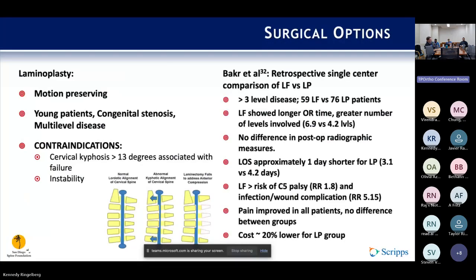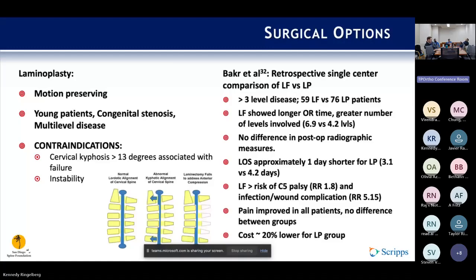I found a paper actually just published last year, which I thought was very interesting, and they looked at a lot of outcome measures when comparing laminectomy and fusion versus laminoplasty. All the patients had over 3 levels of disease. Laminectomy and fusion showed increased OR times, typically a greater number of levels involved in terms of the surgery, but that's just because they had to extend the fusion construct, usually 1 level above and below where they decompressed.